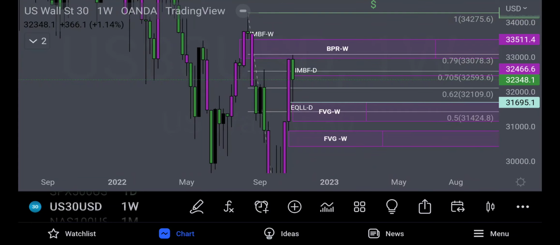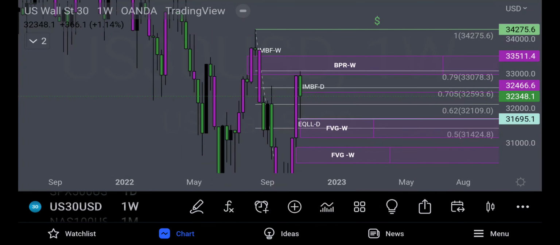I currently believe that we are in a sell program now. I believe we've completed the buy program, which is basically a pullback.